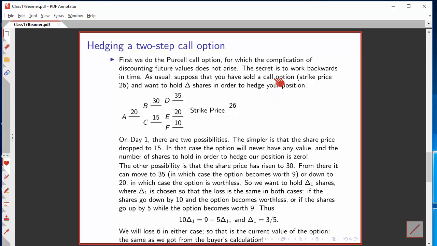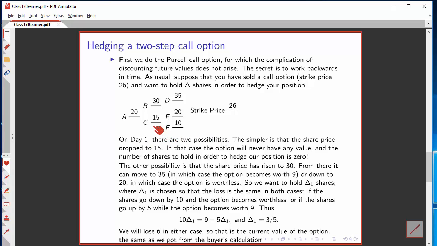So we will suppose that you've sold a call option with a strike price of 26. Having sold a call option, you are in trouble if the value of the scratch ticket goes up, and you're going to hedge your position by holding a certain number of shares. We'll continue to call that delta. Now let's think about what can happen on day one.